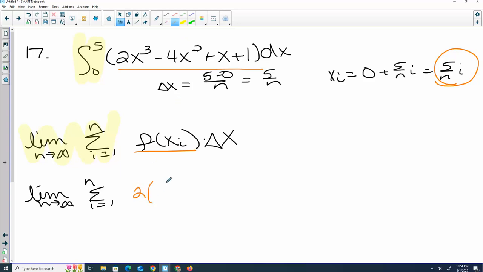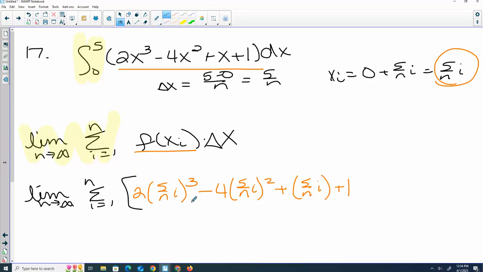So 2 times 5 over n i cubed, minus 4 times 5 over n i squared, plus 5 over n i, plus 1. And my change in x replaces my dx, and my change in x was 5 over n.